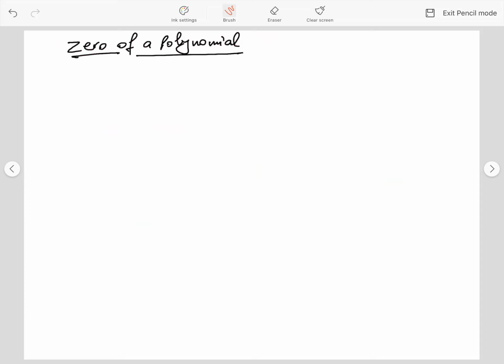Now next we will study about zero of a polynomial. Zero of a polynomial is that number which, when we put it in the polynomial itself, gives the answer 0. I know the definition may be a bit confusing, so we will see one example to understand this. Let us take x square minus 3x minus 4.